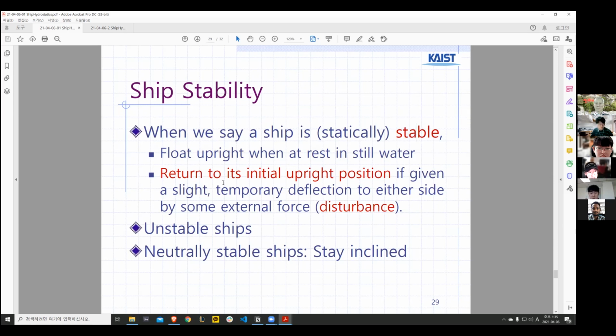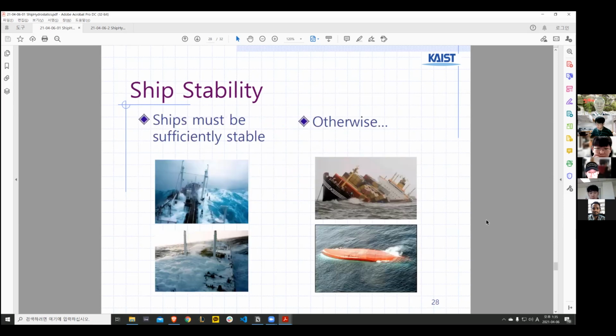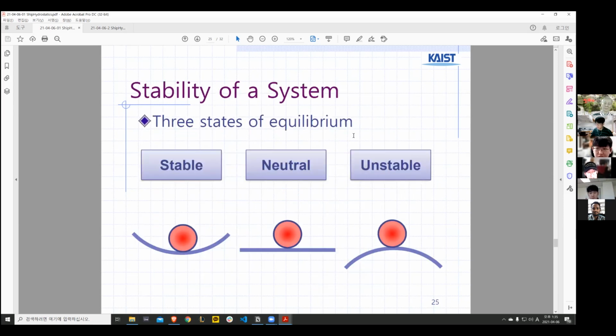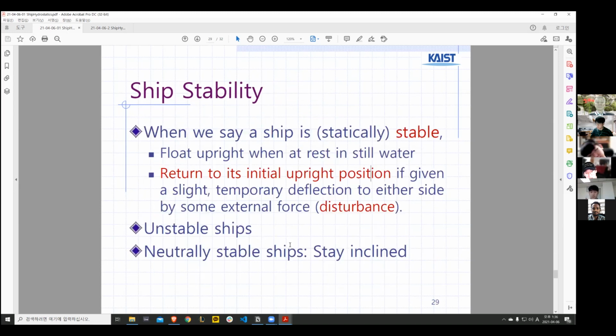Stable, and it has to return to the initial upright position. As I said in this slide, if the ship goes here, like this position, then the ship must come back to the initial position, which means stable.